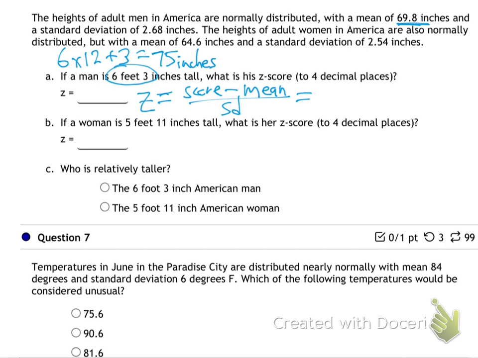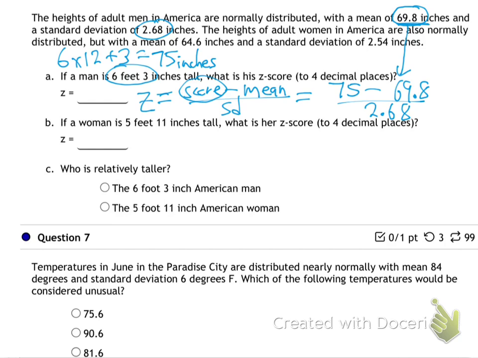Add 3. He's 75 inches tall. So his score is 75 minus the mean for men, 69.8. And the standard deviation for men is 2.68.